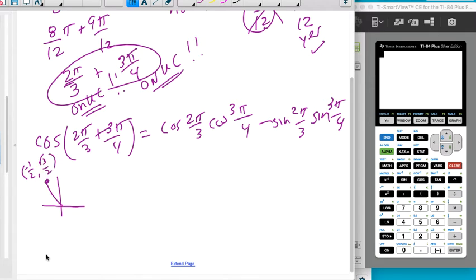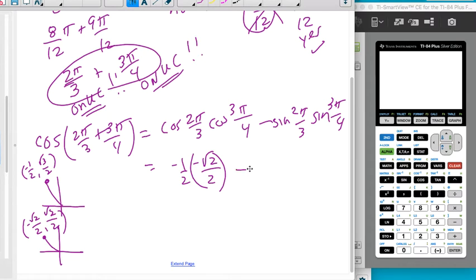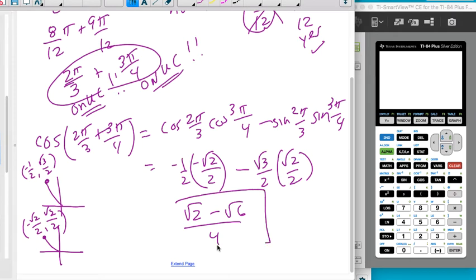And you want to know where 3 pi over 4 is, which is right here, and that's going to be negative root 2 over 2 and root 2 over 2. So I'm going to get negative 1/2 times negative root 2 over 2 minus root 3 over 2 times root 2 over 2. So this is root 2 minus root 6 all over 4. And that's it. All right, moving on.